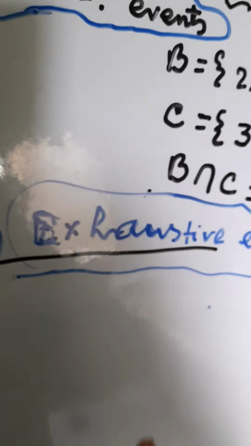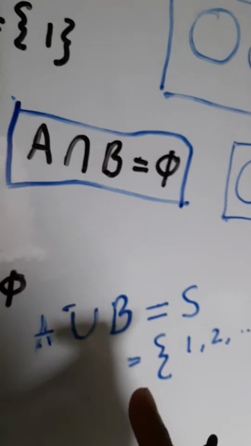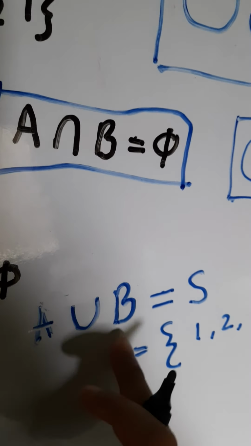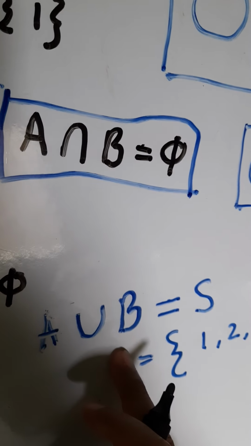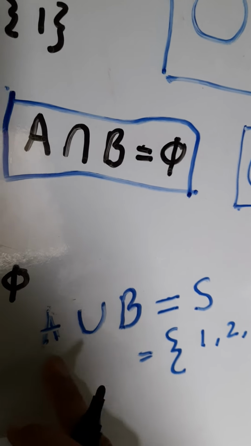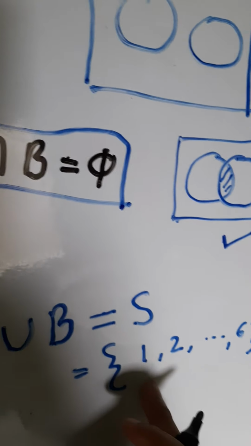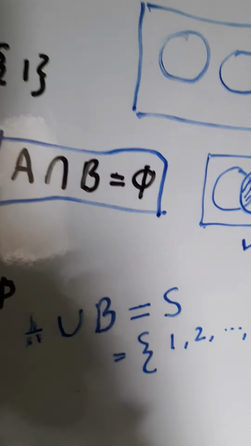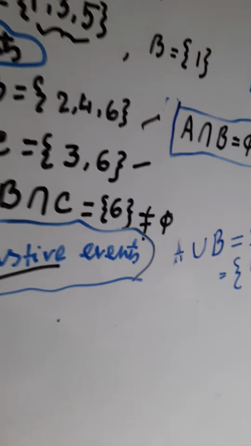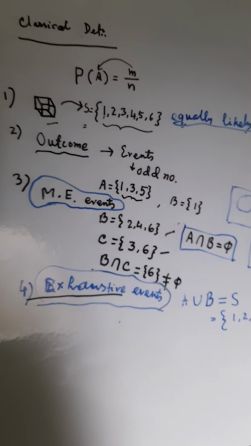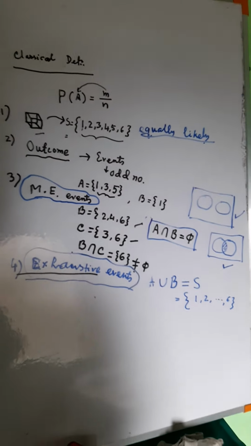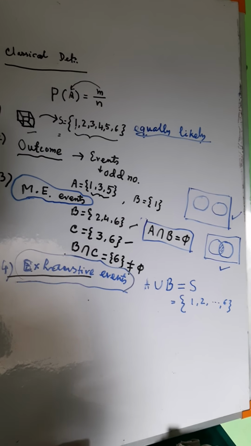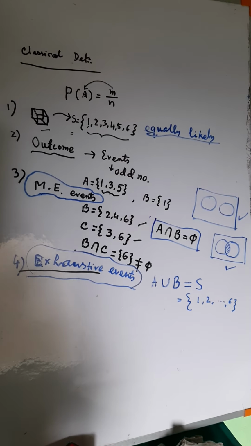Exhaustive events means that the union of the events, a collection of all the outcomes of the events, gives us the totality of all outcomes, that is the sample space. Okay, depending on this, we will now try to define probability, and the definition will be the classical definition.